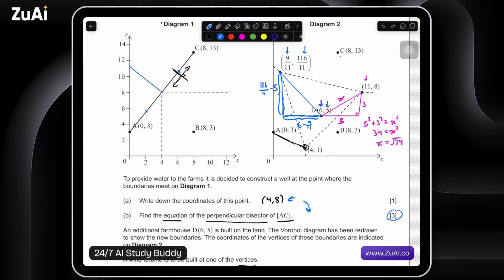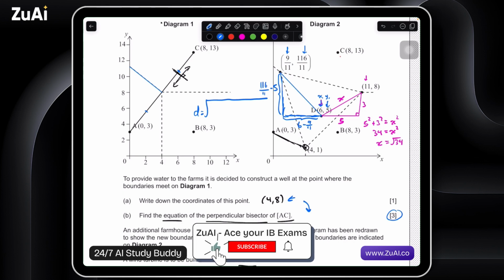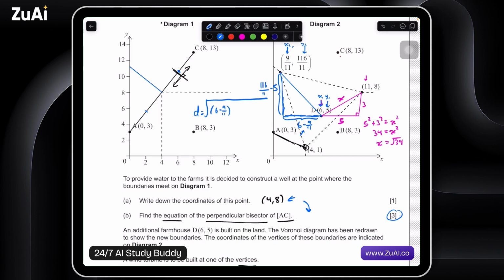So here it is. Let's use the distance formula. If this is x1, y1, and this is x2, y2, we have, just as it says here, 6 minus 9 over 11 squared plus 116 over 11 minus 5 squared.